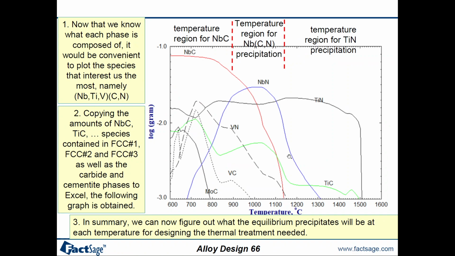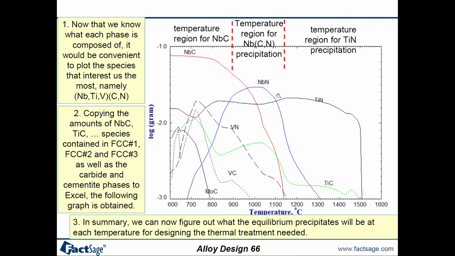Now we know the constituents of each phase which forms, and it is really convenient to plot the species of interest, which are mainly niobium, titanium, and vanadium carbonitrides.